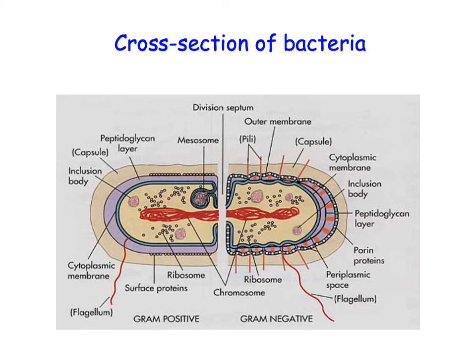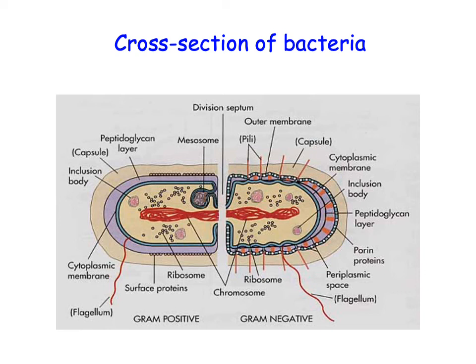Okay, some bacteria have an additional layer of protection on the outside, this capsular material, which again is carbohydrate. This is showing a couple of schematics, gram-positive on the right, gram-negative on the left.